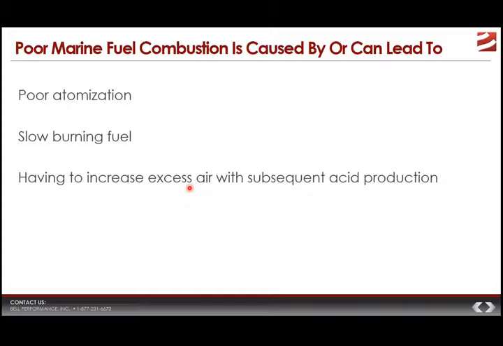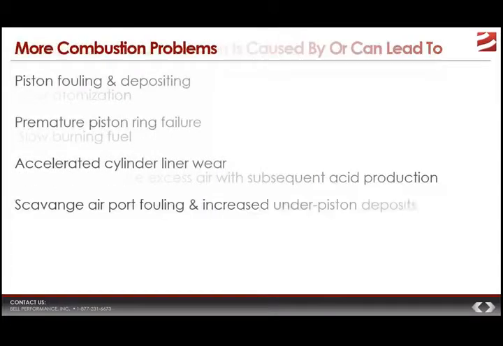You have to have enough oxygen to burn all the fuel that's available. But sometimes, and we will look at this a little bit closer in a few slides, the operator has to play around and alter the excess air because they're having to prevent acid damage. And when that happens, they're going to lose efficiency on the combustion side.